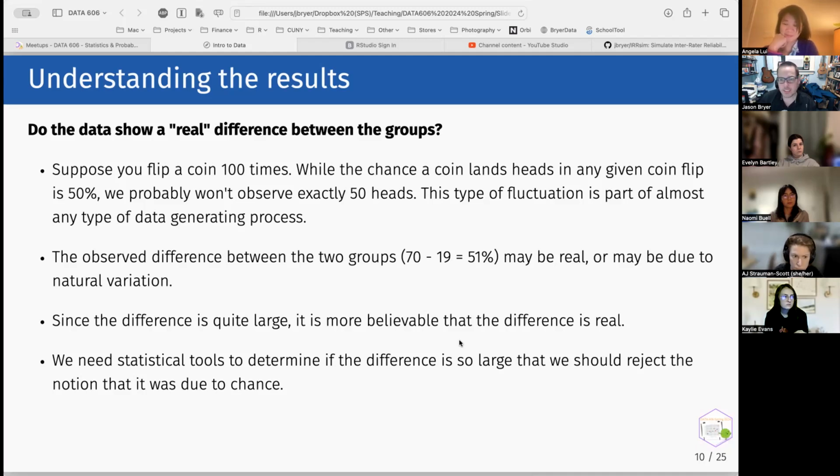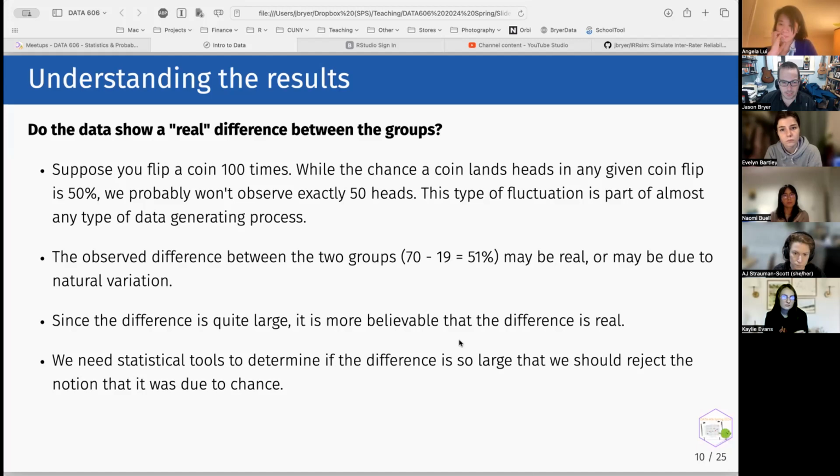What if I had 60 heads and 40 tails? What if I had 70 heads and 30 tails? Somewhere in that spectrum, we're going to say, I suspect there might be something wrong with the coin, the coin might not be fair, right? And so we're going to quantify that. How far away from that expected value do we need to get before we say, I'm pretty certain, and we're going to quantify that uncertainty, that something is wrong with the coin.